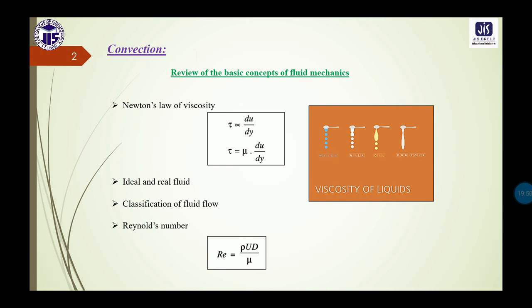These are the different factors based on which the critical values of the Reynolds number change. So there is a lower critical Reynolds number and an upper critical Reynolds number. The lower critical Reynolds number is 1 in case of a sphere, 50 in case of open channels, and 1000 in case of parallel plates.